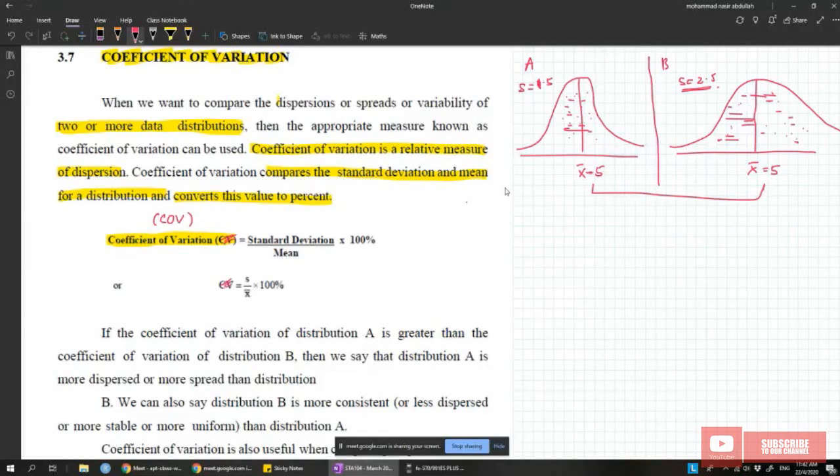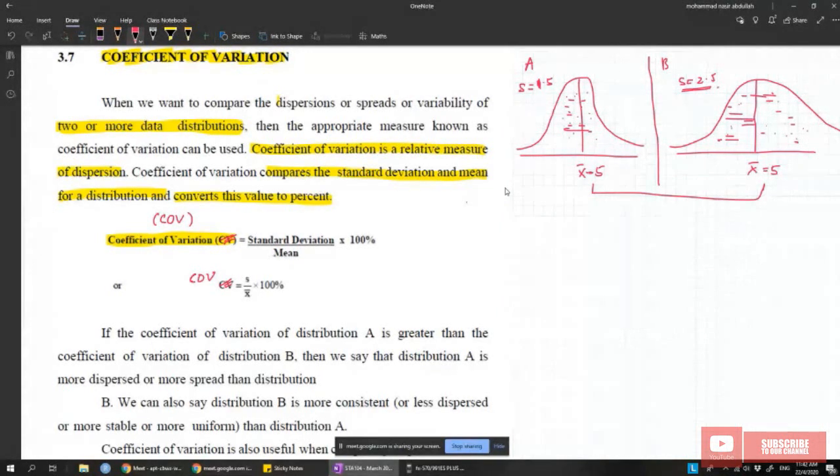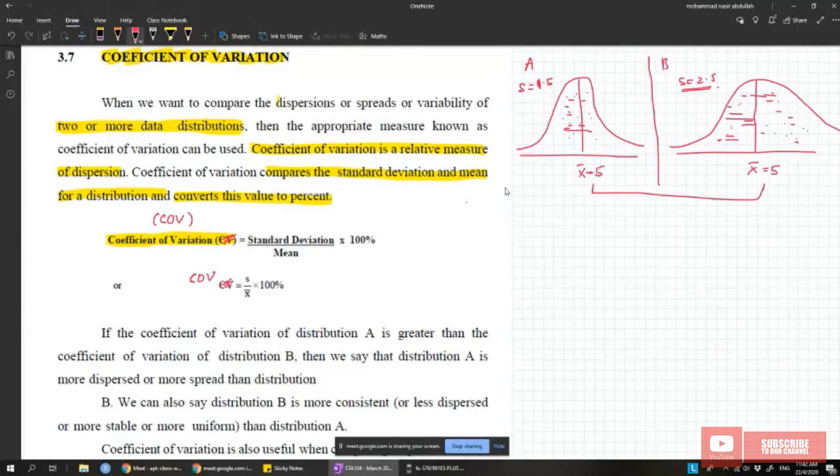We may confuse it with covariance, but it's okay. In our class, we use COV for coefficient of variation. The formula is sample standard deviation divided by sample mean, multiplied by 100%.